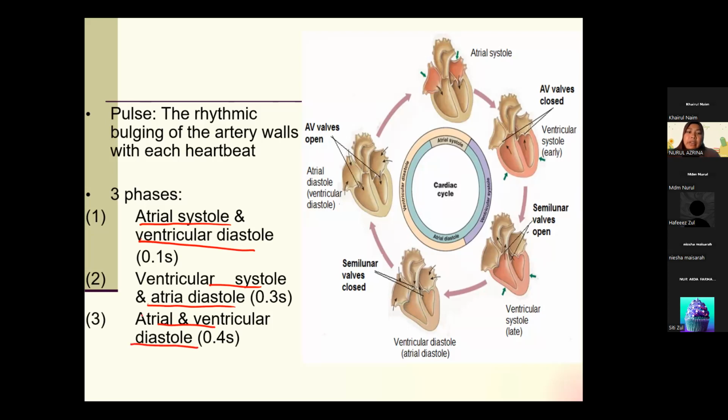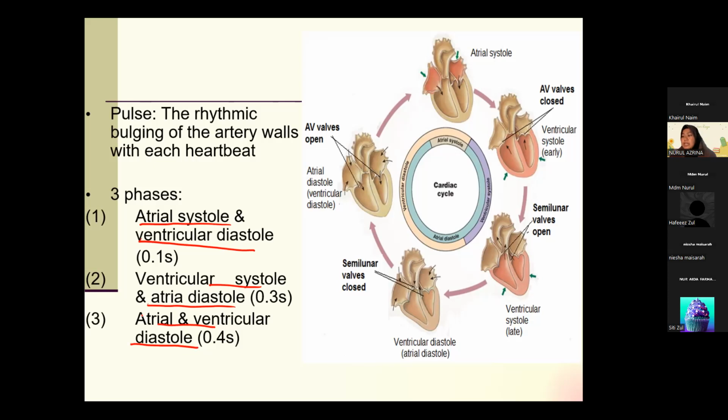Both atrium and ventricle will relax, and this takes around 0.4 second. So these 3 phases will be explained to you in detail in relation to the pressure of blood in that particular phase, what happened to the valve in that particular phase, and where is the pathway of blood during that particular phase.